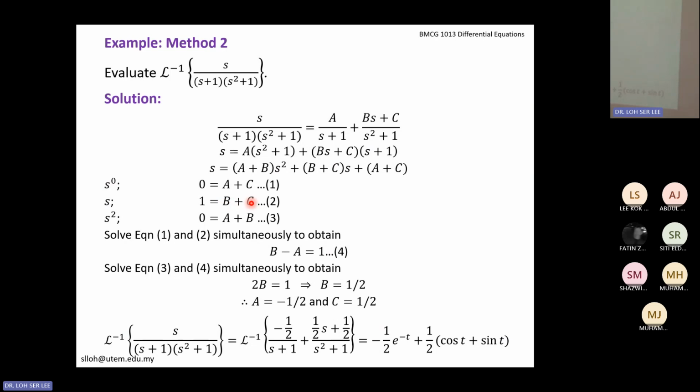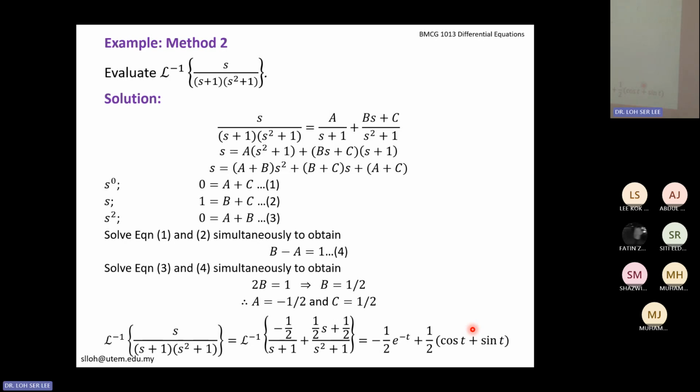For the term of s squared, on the left you have 0, and on the right you have a plus b. Then you solve these three equations simultaneously to get A, B, C. Then put A, B, C back into this one, and from here continue to do the inverse Laplace.